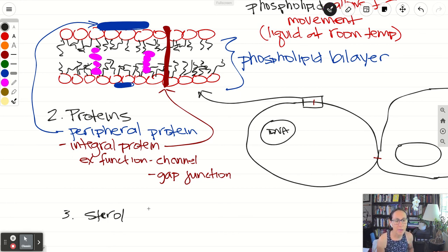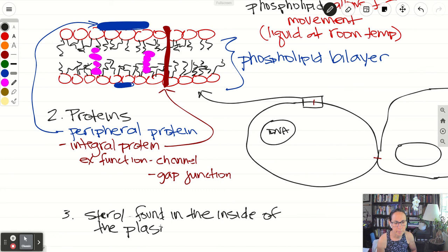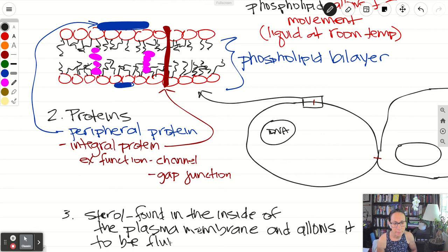So sterols are found on the inside of the plasma membrane and allow for the membrane to be more fluid, in parentheses, liquid. It's very important that the plasma membrane is liquid.